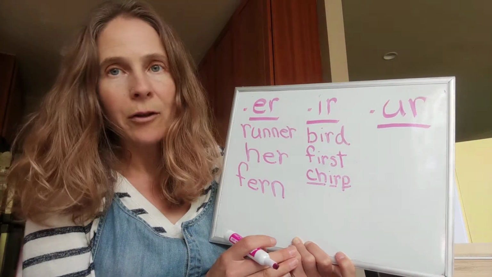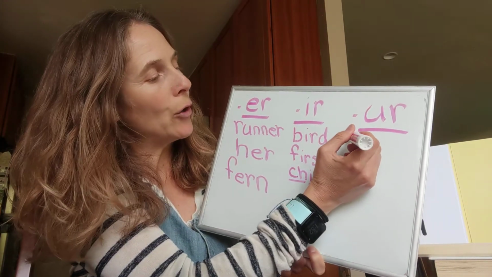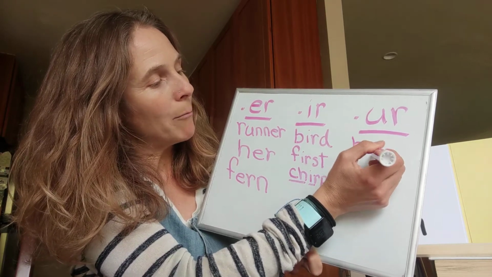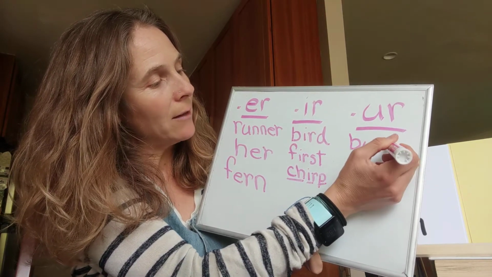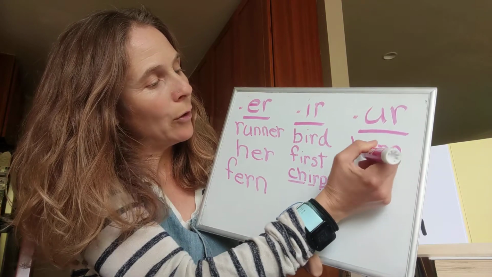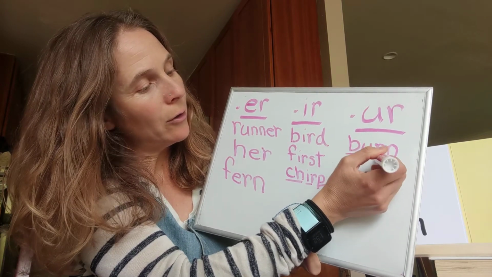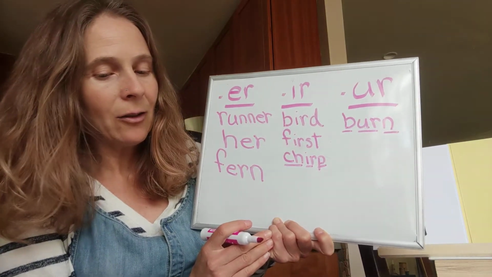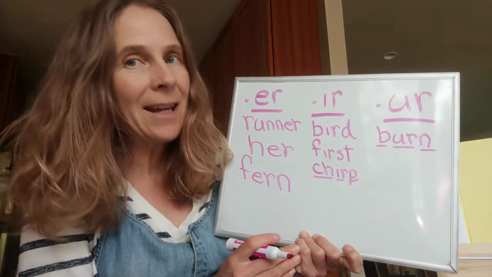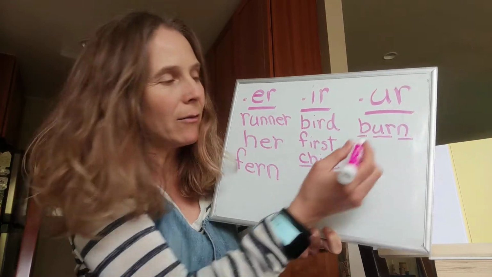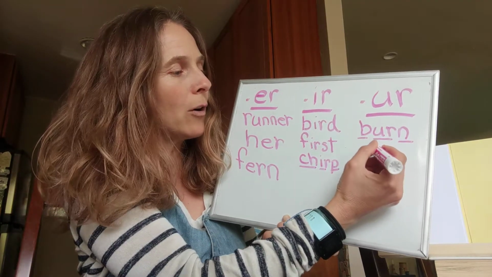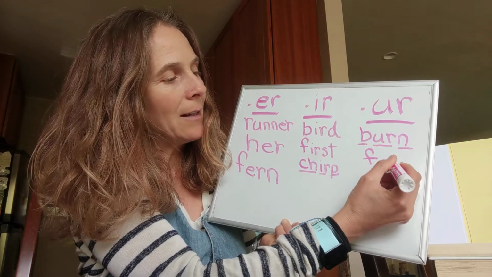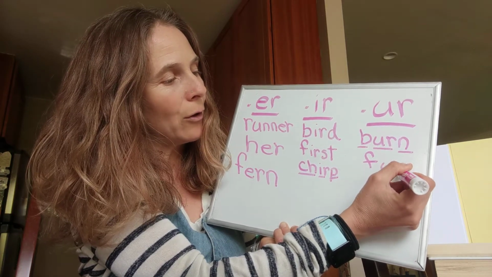Now let's take a look at UR. Our keyword for UR was burn. Like, oh no, I might burn my hand if I touch that. Burn. Three sounds. Let's look at a time when it's at the end of a word. This one's kind of common. Usually UR is in the middle, but in this word, it's at the end, and it's the word fur.